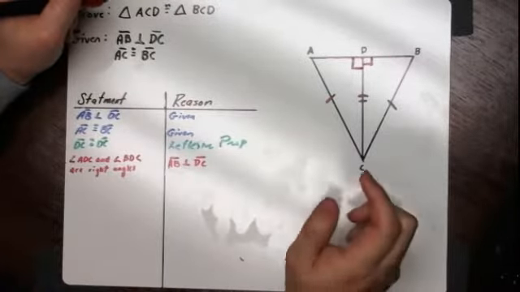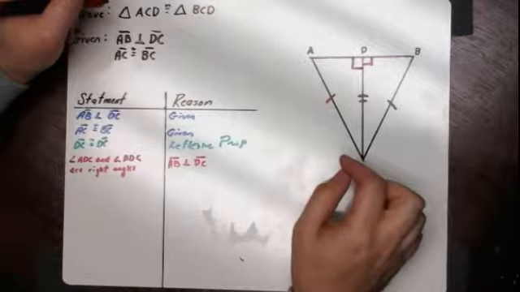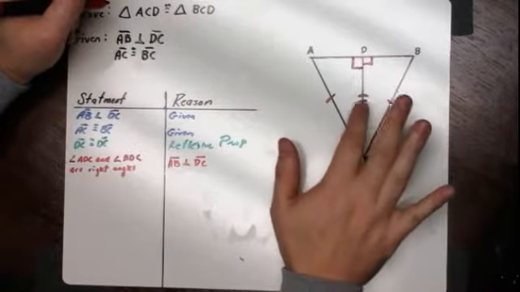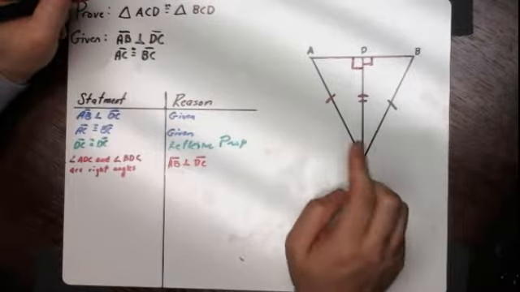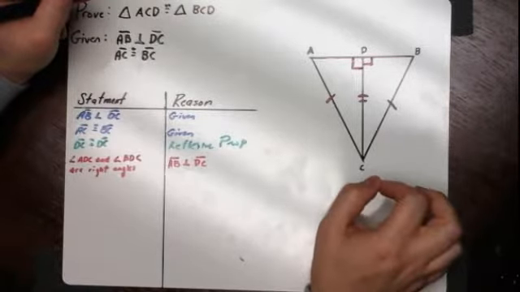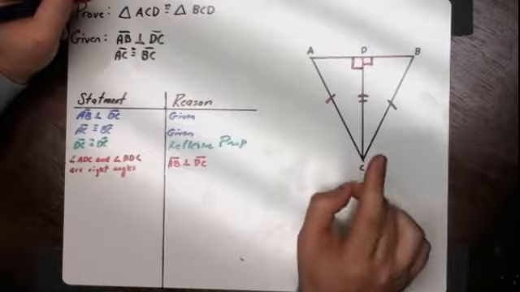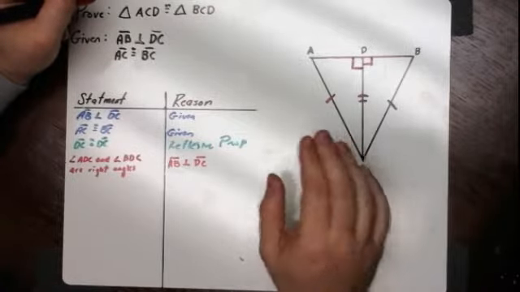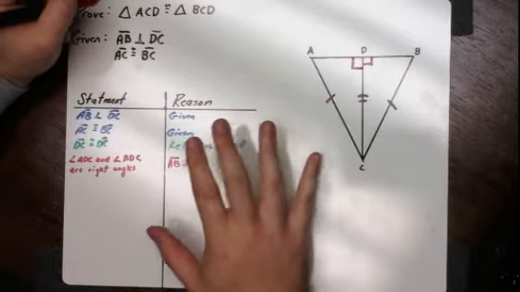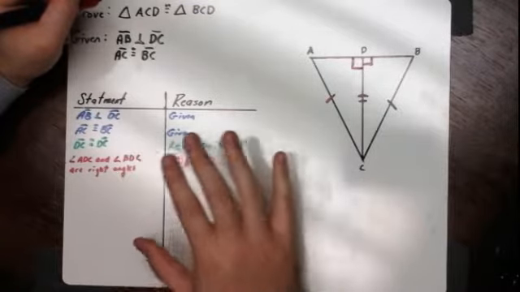Now, from there, I can make the statement that these two triangles are right triangles. Remember, I'm dealing with hypotenuse leg here, a form of congruency. So, as a result of that, I need to make the statement that these triangles are right triangles first.